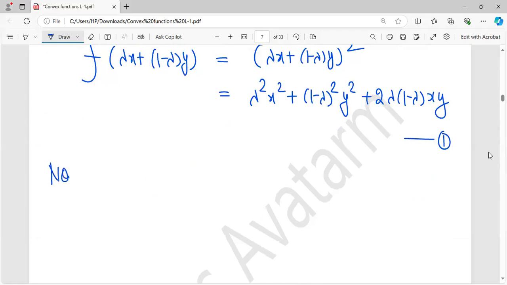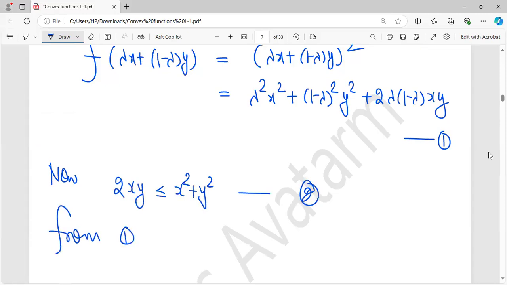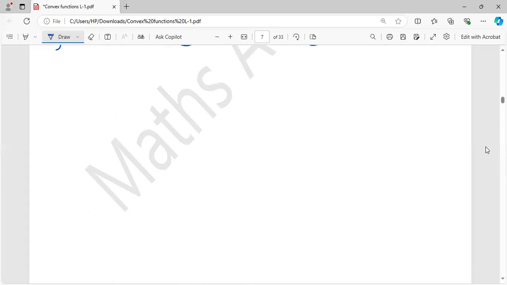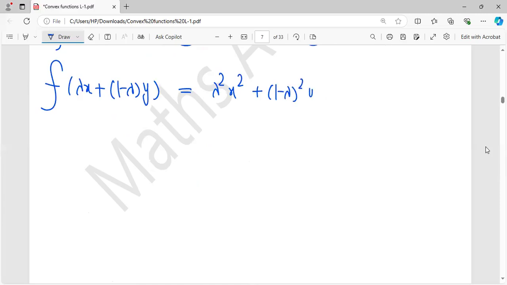Now, we know that 2xy is always less than or equal to x square plus y square. So from 1 and 2, we have f(lambda x + (1 - lambda) y), that was lambda square x square plus (1 - lambda) square y square plus lambda (1 - lambda) 2xy.